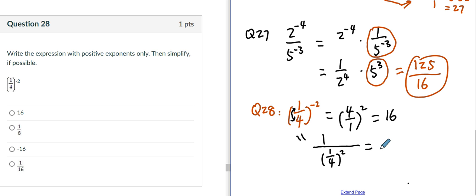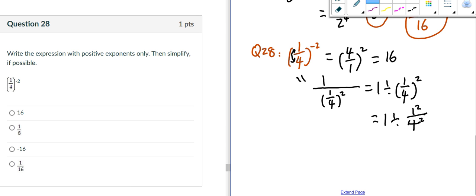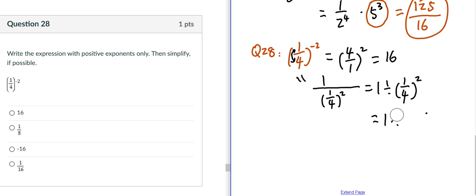And then you do 1 divided by 1 squared over 4 squared. Let me write it out.